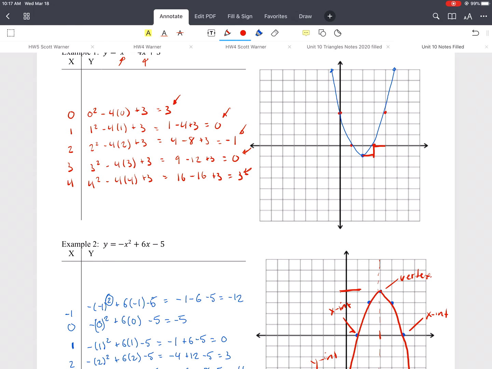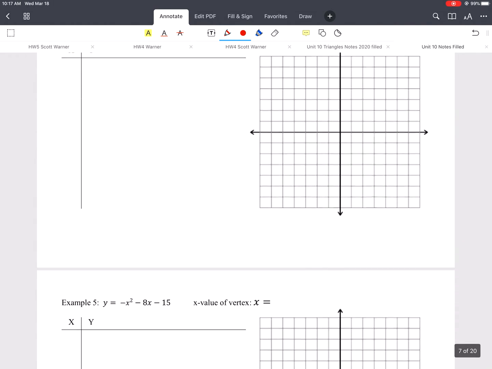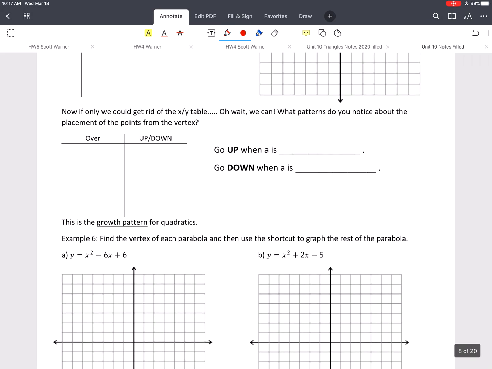And then we go over 1, up 3. And the pattern continues: you could go over 1, up 5. So 1, 3, 5. That's a pattern. So really, once you have your vertex, you can just use that pattern.